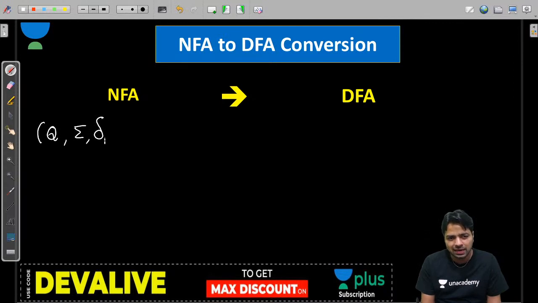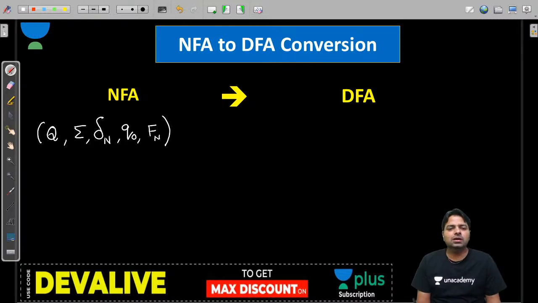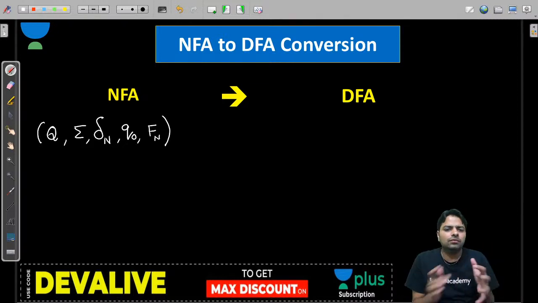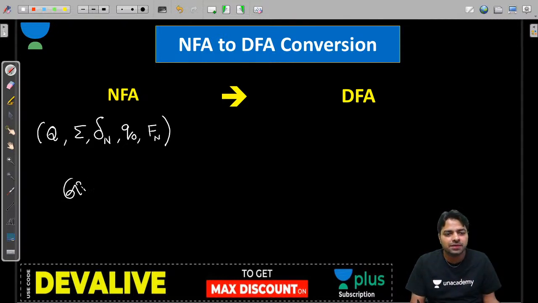Let's say delta N means the NFA machine, and you have an initial state q0 and the final states of the NFA, let's say Fn. This is given to you. Now we have to find what the DFA is for this given NFA.